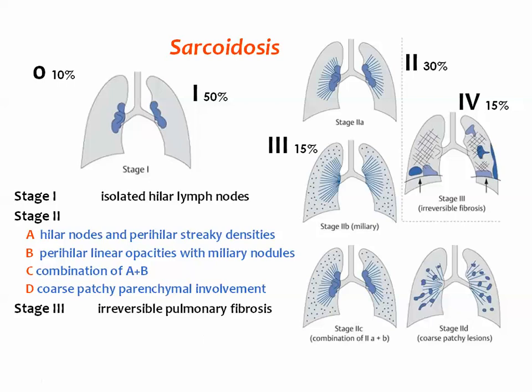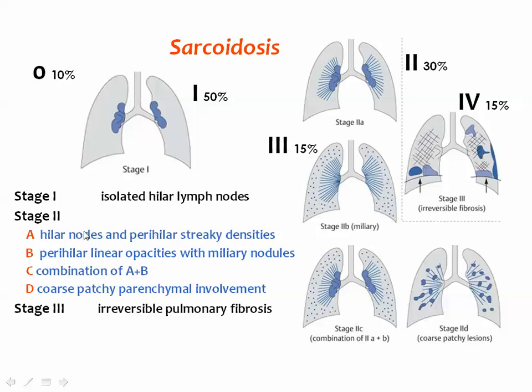Sarcoid is a granulomatous disease that affects the lung and many other systems, and it is classified into stages. And there are two ways of staging this disease. The first way is to consider that stage one is in the form of the presence of hilar or mediastinal lymph nodes only without any changes in the lung parenchyma.